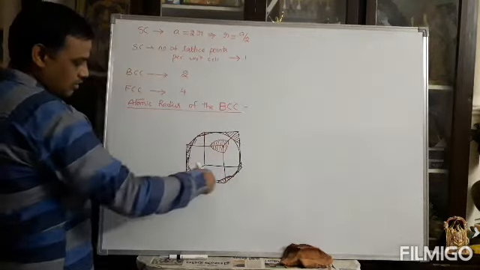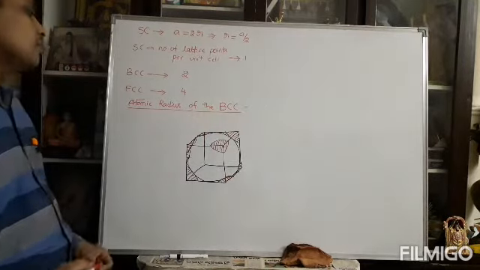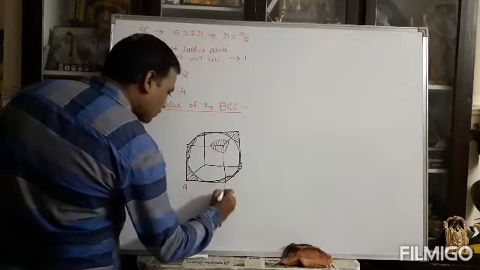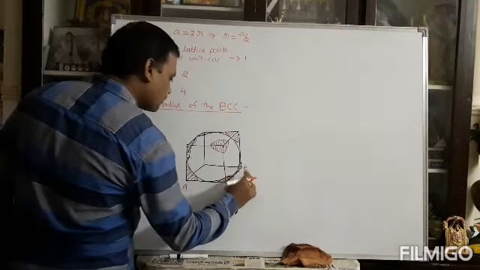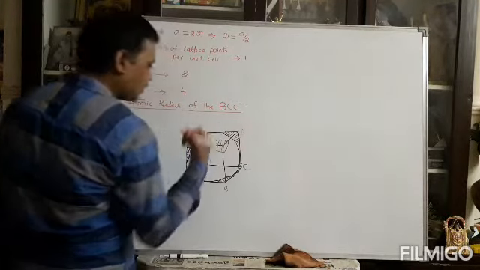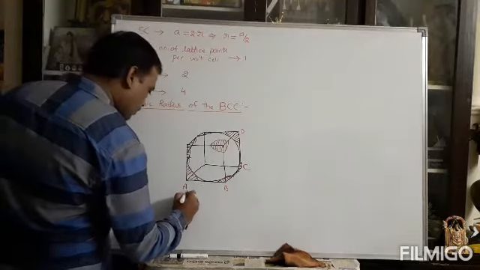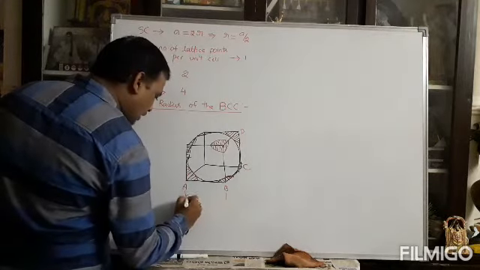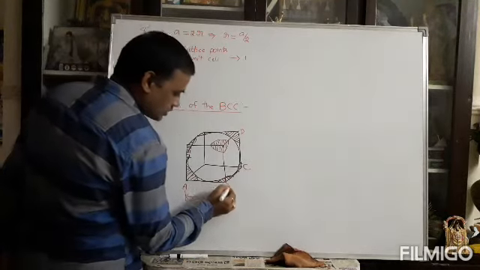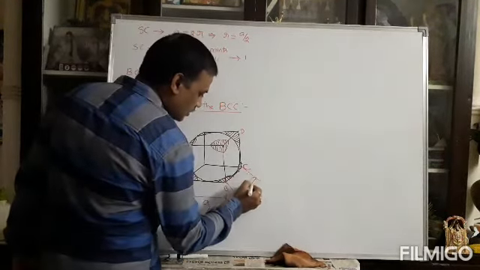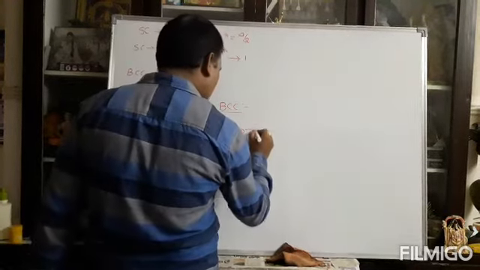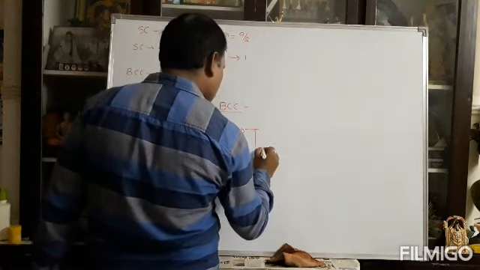The entire circle represents the body centered atom. I am taking the lettering A, B, C, D. From A to B, according to lattice parameters, the A to B distance can be taken as lattice constant a. In a similar way, B to C is the lattice constant a, and C to D is the lattice constant a.